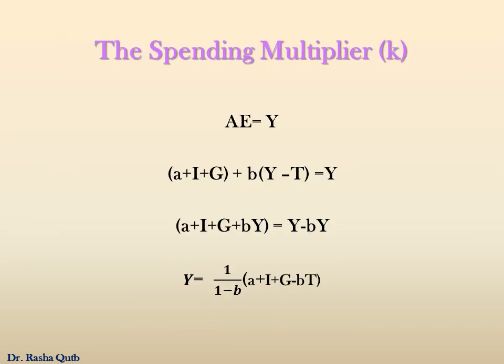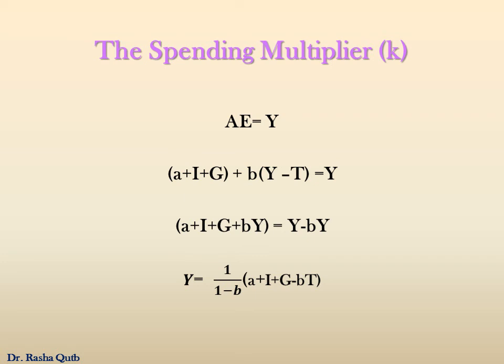When we calculate the multiplier in this case, the government spending multiplier equals 1 over 1 minus b, the same value as the multiplier in the closed economy without government.